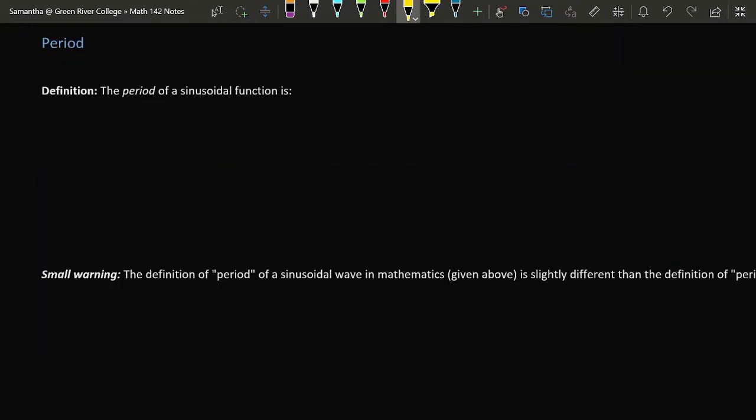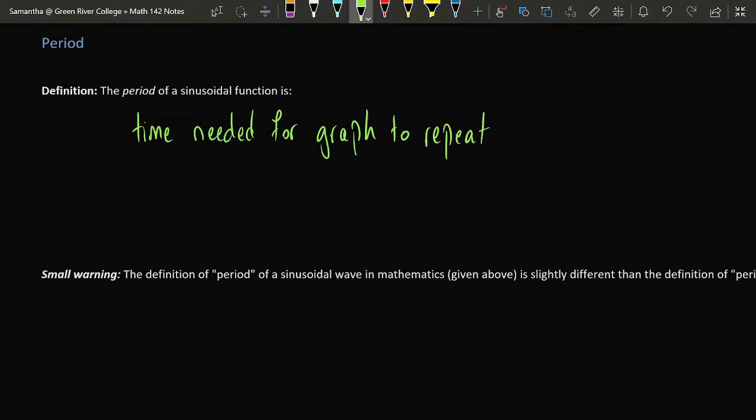When we're matching a mathematical wave to a real-world wave, the third feature that we try and match is what's called the period. The period of a sinusoidal function is the time required for the graph to repeat. Another way to phrase this would be the horizontal distance between peaks.